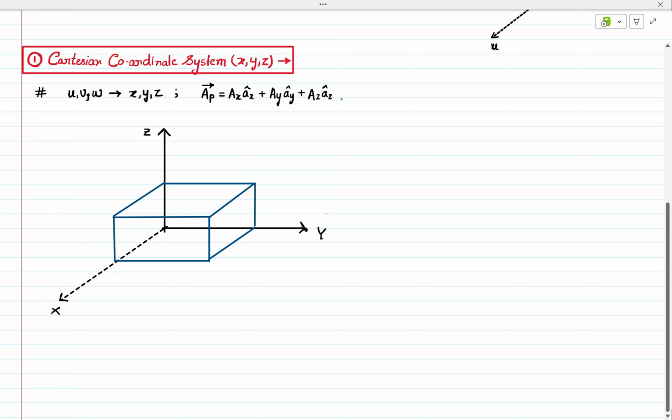I'm considering this block inside the three-dimensional vector space, which is nothing but a volume. Let this be a point on that three-dimensional vector space, and this point is nothing but a point vector like AP.